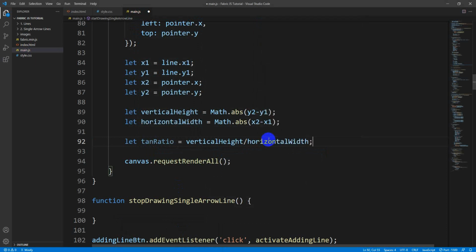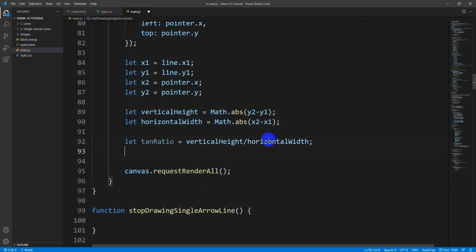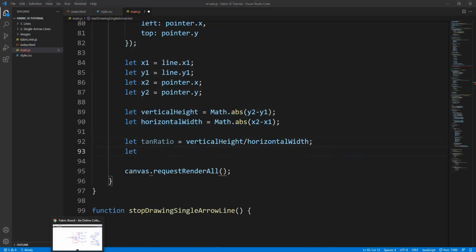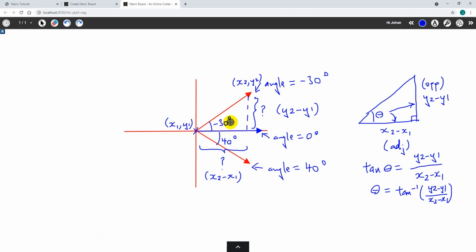Since I made the vertical height and horizontal width always positive, the angle will always be positive, and it will always be an acute angle, meaning between 0 and 90 degrees. So we do not have this negative 30 degrees.